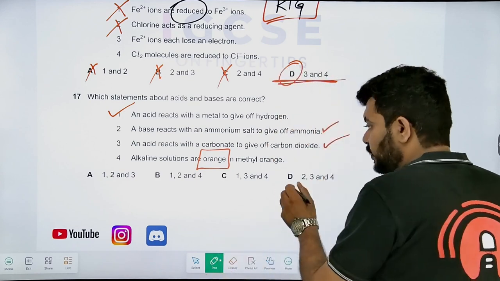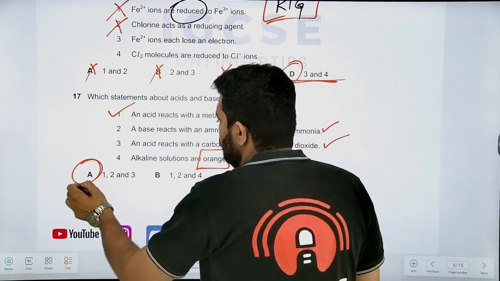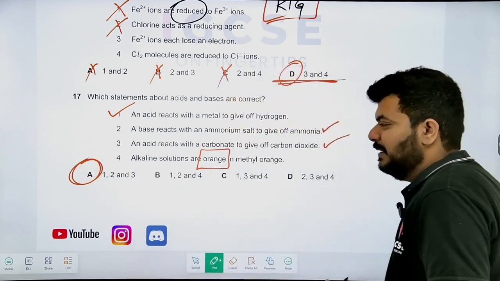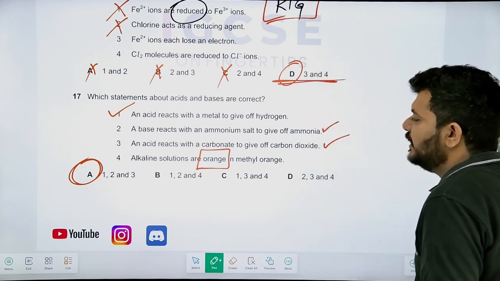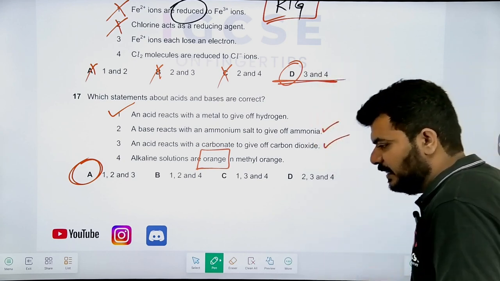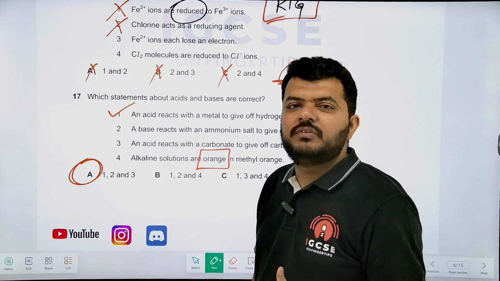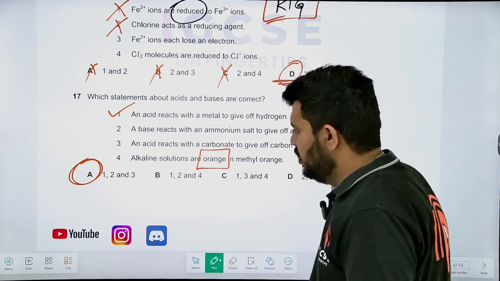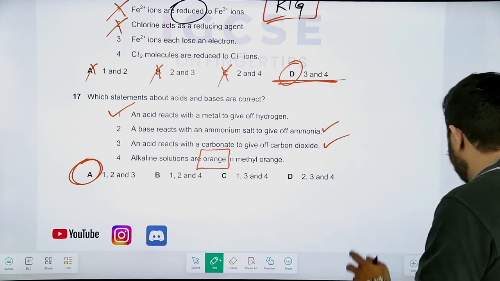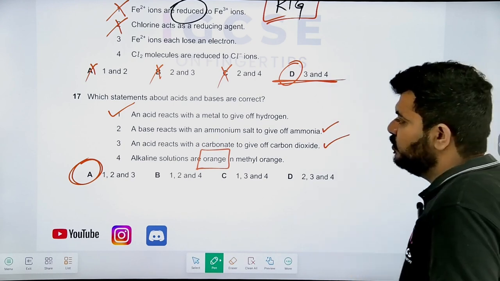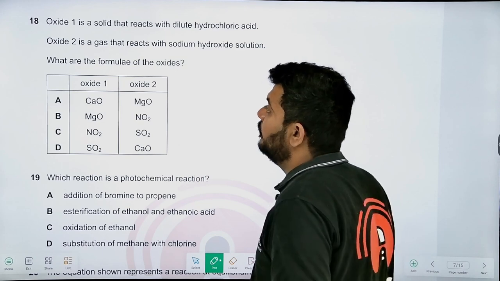Then, because we don't have an option right now, A is the correct answer, I believe. Go to your textbook, find out should it be orange. As far as I can tell, orange, red, all of these colors are acidic colors. So 4 has to be incorrect, right? Find out from your textbook, from your notes, from somewhere.